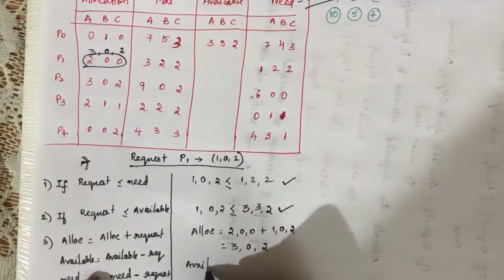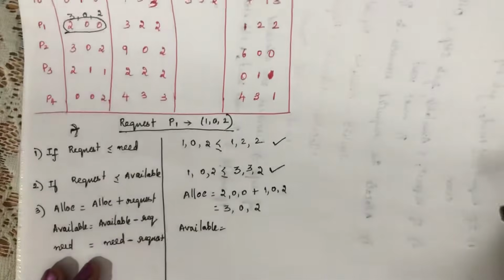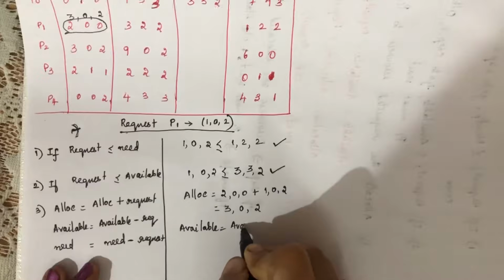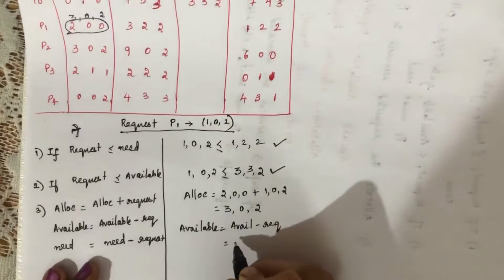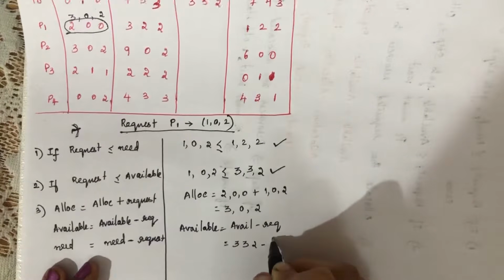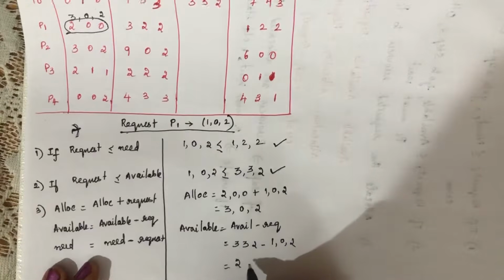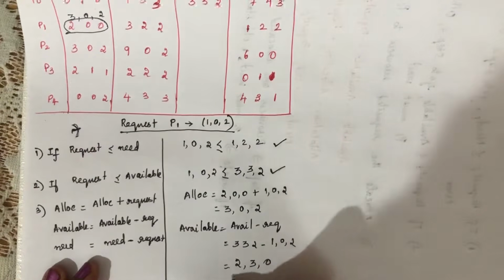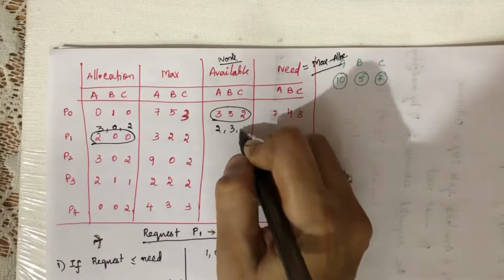Available will be available minus request value. What is the available value? It is 3, 3, 2 minus request value 1, 0, 2. The answer will be 2, 3, 0. We will also change this here. It will be 2, 3, 0.